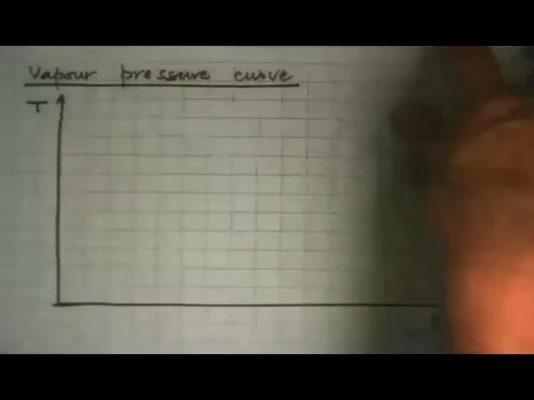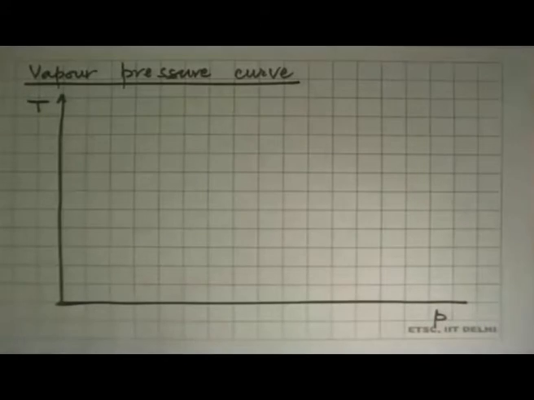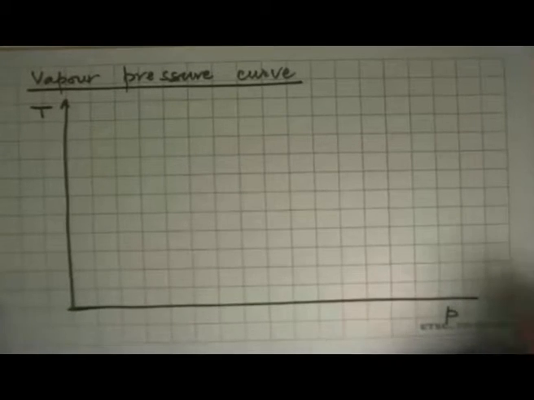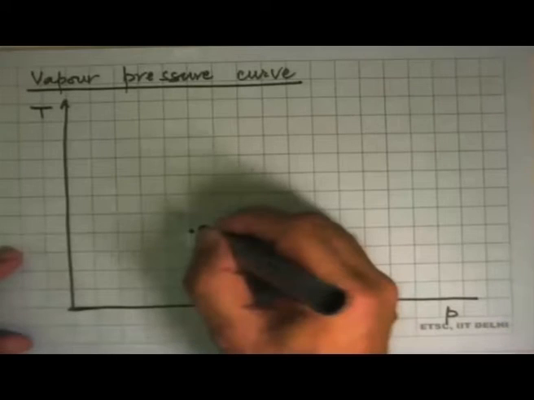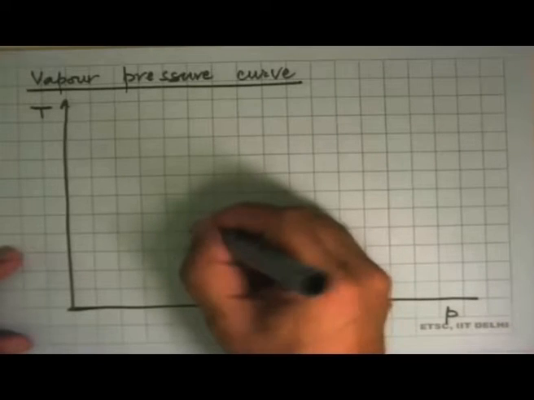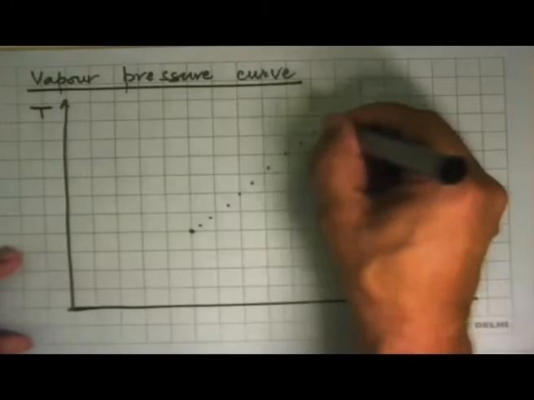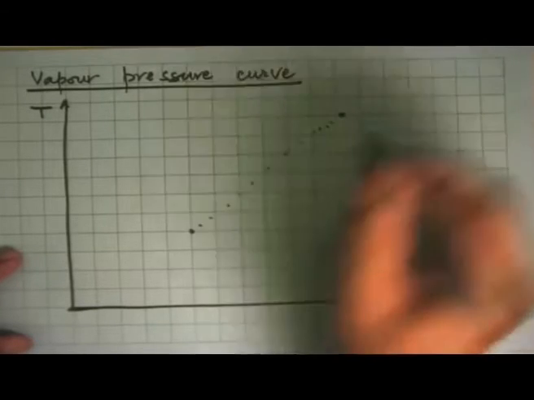So in the saturated state between critical point and triple point, we get a relation. So there is, say, the triple point, and we start plotting all these things and we reach the critical point.